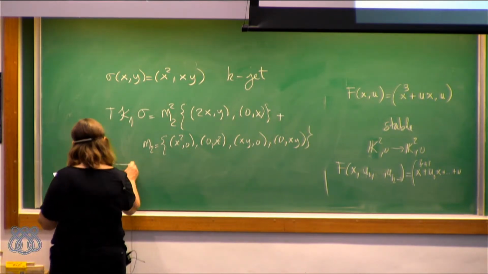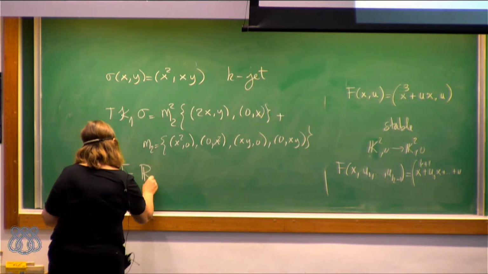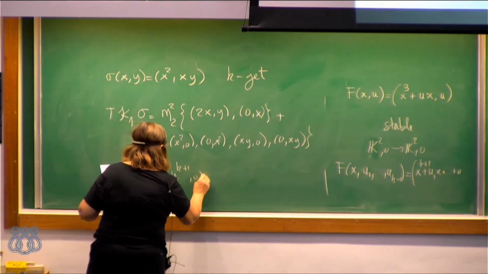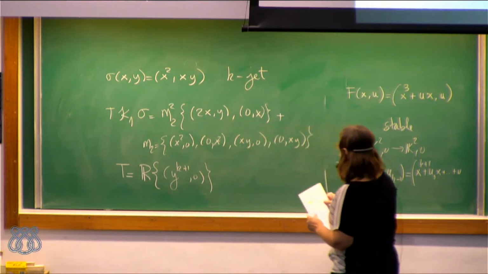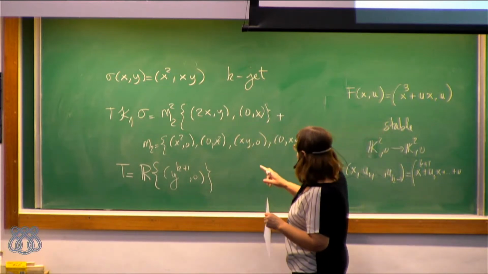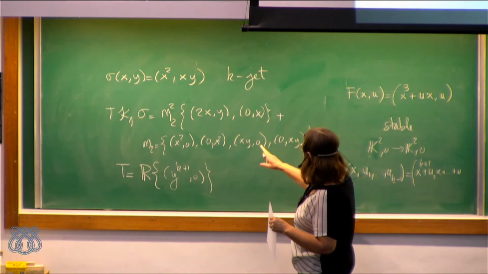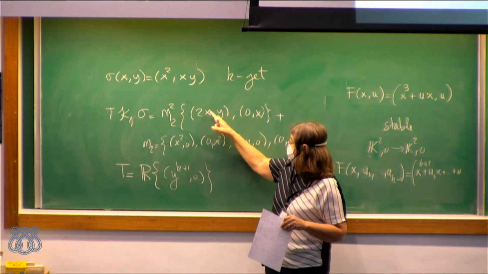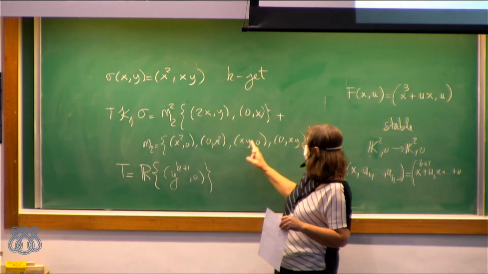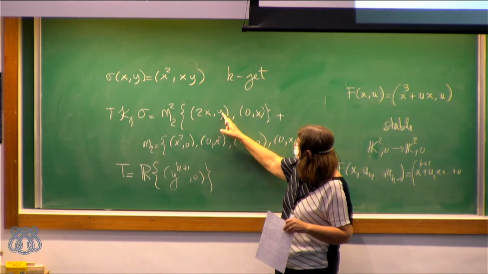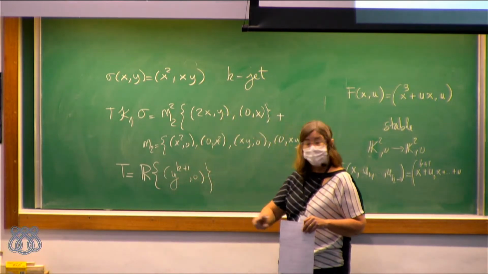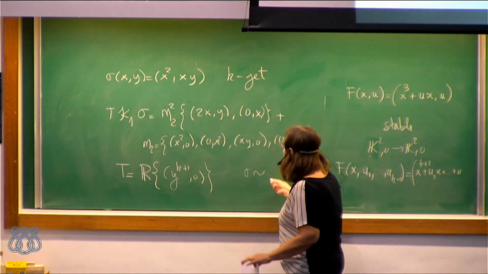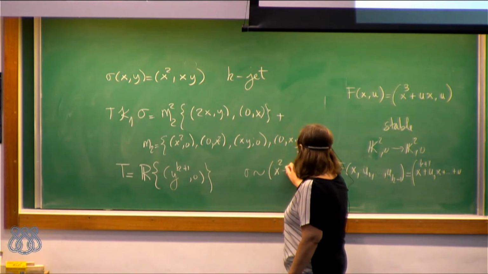So T is actually, as a vector space, generated by (y^(k+1), 0), because we have y^(k+1) here. If you multiply by y^(k+1) here, this we can drop off. And in the first entry, we don't have it. So this is the complete transversal, and sigma is a k-jet equivalent to something like that.